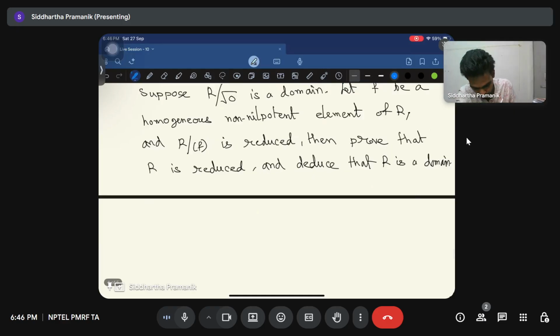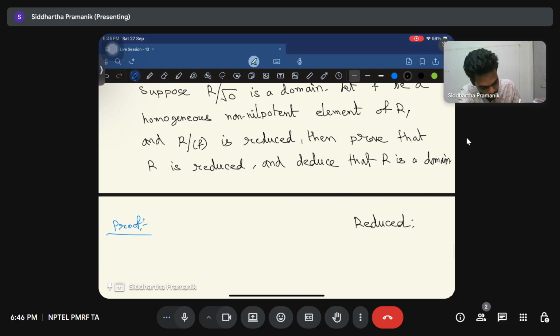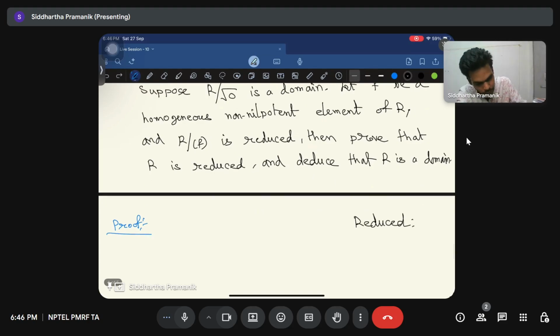So let's prove this. Recall that reduced means, what is the definition of reduced?